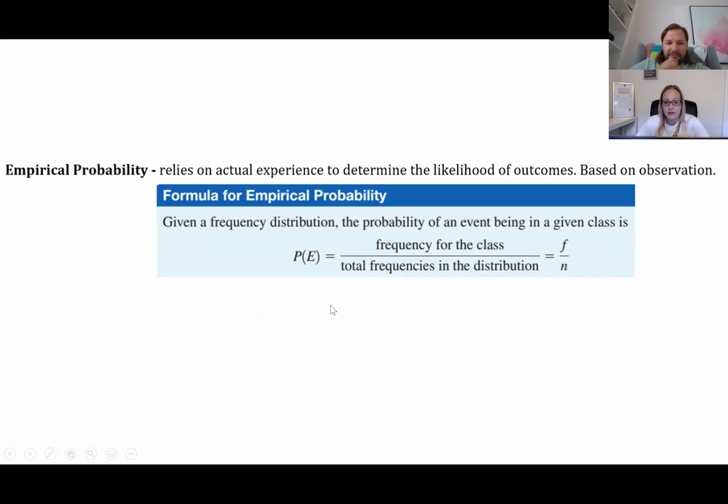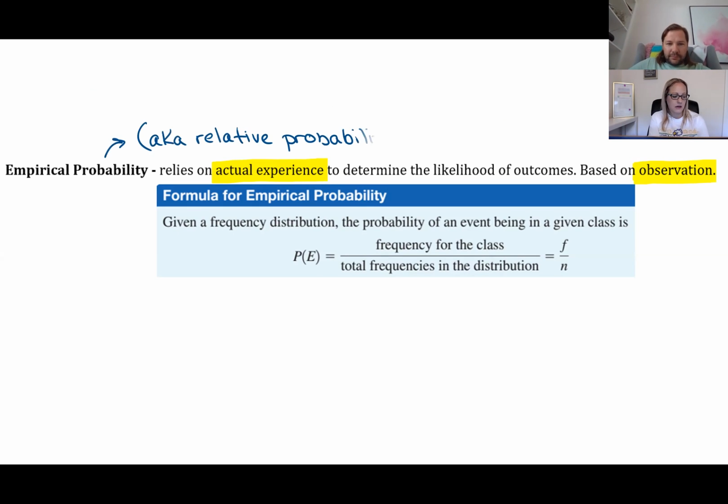Yeah, so empirical probability relies on actual experience to determine the likelihood of outcomes. So it's based on observation. This is where we actually have some sort of data or a frequency distribution, and we're going to use that information to calculate probability. Empirical probability is also called relative probability.